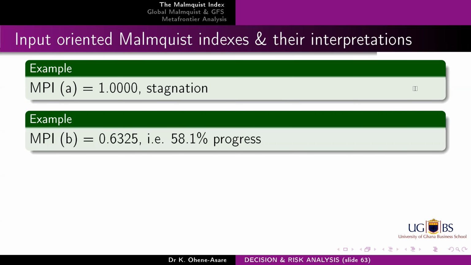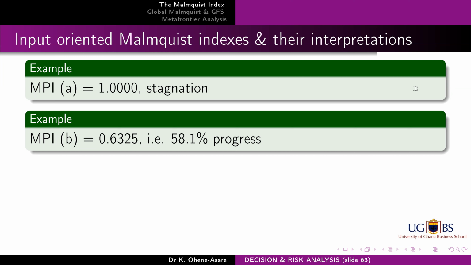Okay. Firm B, if you go and calculate it, you will see that productivity had increased by 58%. So this firm is good. It has increased its productivity level. The firm has improved significantly over the 2 periods.